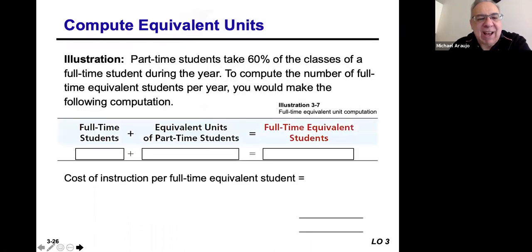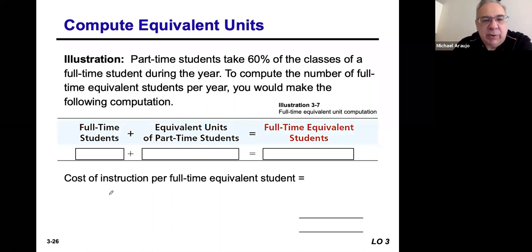Well, we have to calculate full-time equivalent. So how do we take those part-time students and convert them to full-time equivalent students? Well, that's what this illustration explains. Part-time students take 60% of the classes of a full-time student, okay?